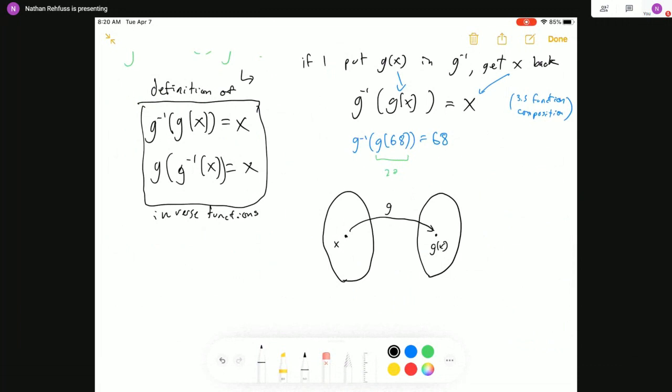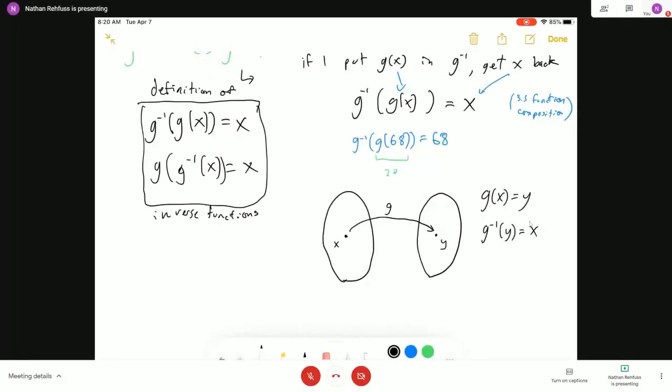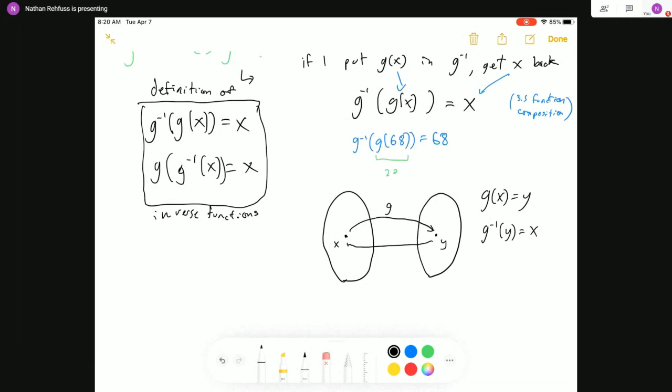Instead of calling it g of x, let's call it y. So I'm saying g of x equals y. Well, g inverse has to undo that, so I would have to say g inverse of y equals x. It undoes the process g did. So if g turns x into y, then g inverse turns y into x. So g inverse is the function that goes this way.